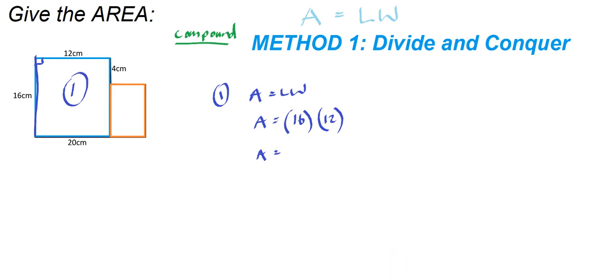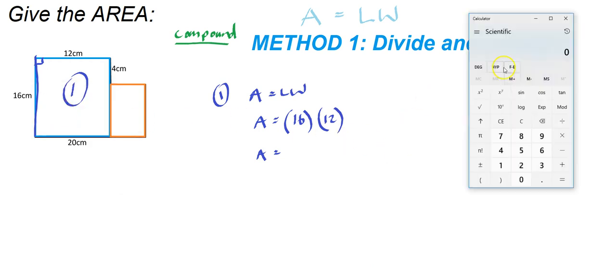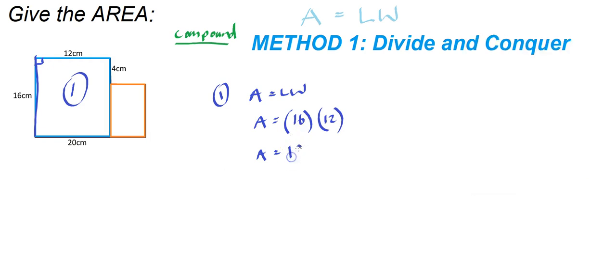I'll use a calculator to give me the answer. 16 times 12 is 192. So this blue rectangle that I've outlined has an area of 192 centimeters, and because it's area, it's got to be squared.